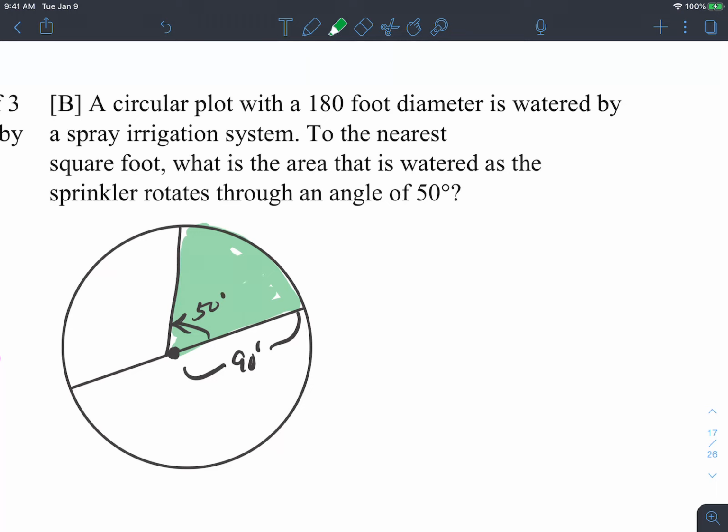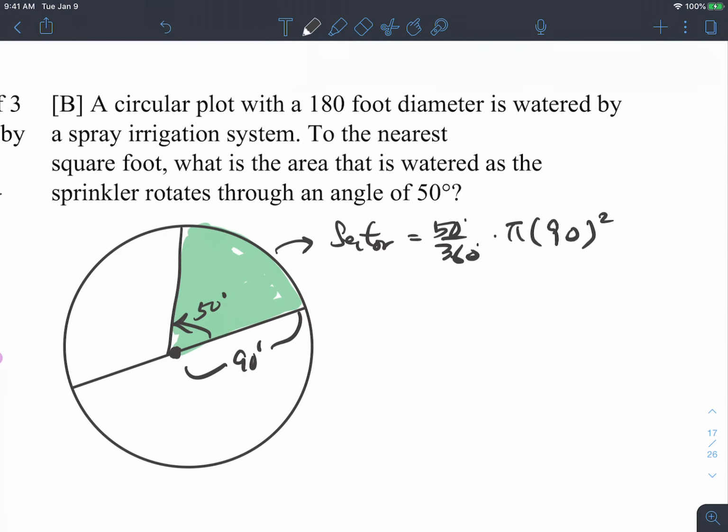So what's the area of the sector? Okay, so the area here of the sector is 50 out of 360 times the area of the entire circle, which is pi times the radius squared, that happens to be 90. I can see the numbers are going to get bigger, so let's reduce this portion in the front.